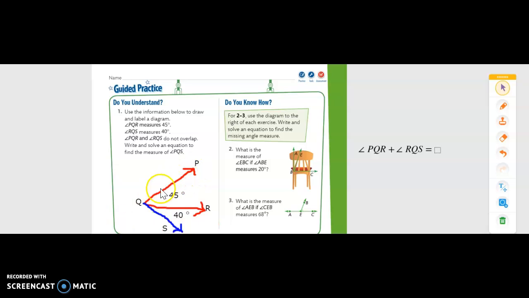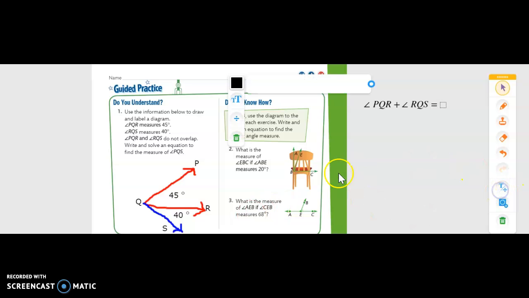So I know what PQR is, and I know what RQS is. I do not know what PQS is, but I can figure it out because I can just add these two angles together. So if I had to write an equation, I'm looking for angle PQR plus RQS.